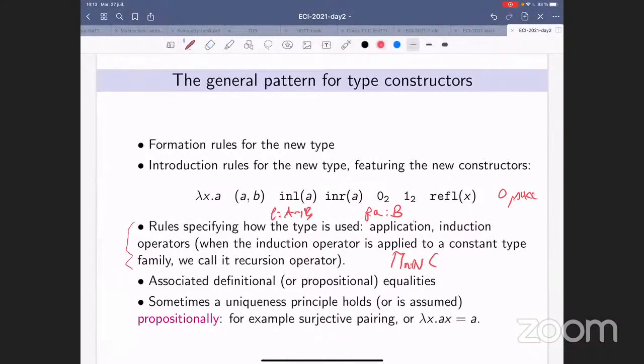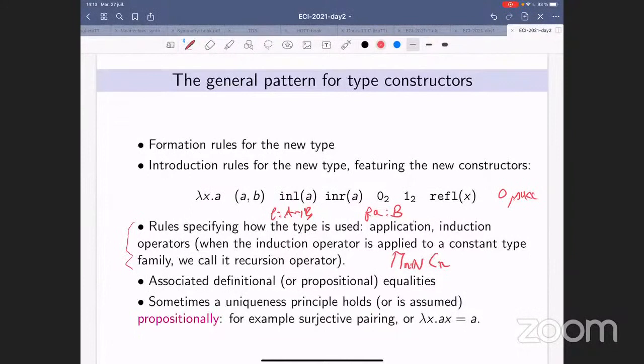You see that in an induction operator, I give you some tools in order to define functions that take as input a natural number. So it's really in the same spirit as application. It's how a type is used. And then you have, associated with your introduction rules and induction operators, equalities.